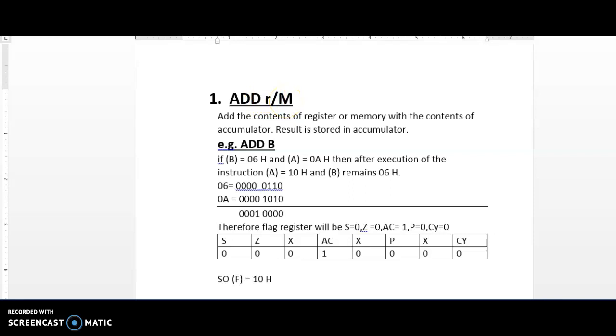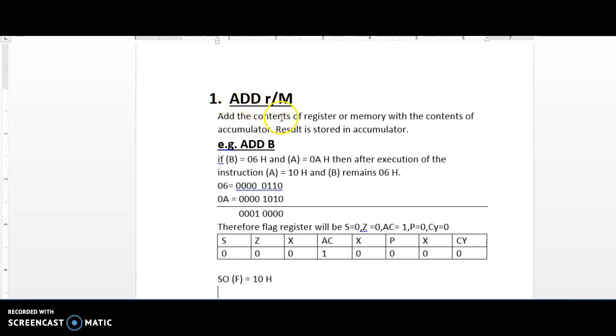Or M stands for the contents of the address specified by the HL register pair. So the HL register has whatever 16-bit number that is used as an address, and the contents of that address is nothing but M. So either you can use ADD R or you can use ADD M.